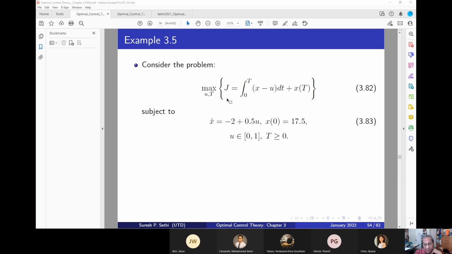Now we solve the problem and find a t. So now we have the max over control and t. We have this problem, and we have the terminal value. We have x dot, we have the initial condition, and now we want to find out the optimal t.